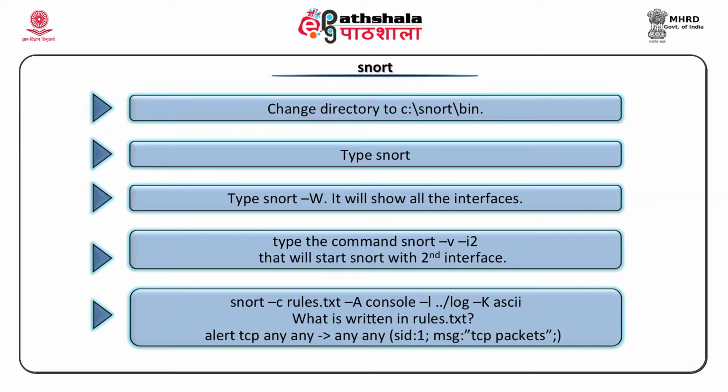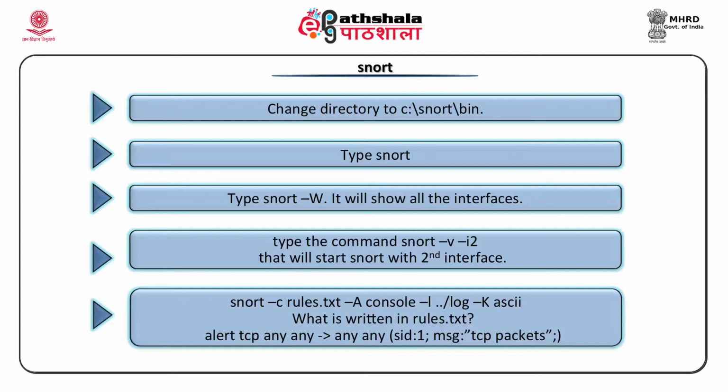Once you have got all the interfaces, you need to choose on which interface you want to start Snort. If you want to start Snort on the second interface, it is called -i2. Then type the command snort -v -i2, and it would start running in the packet dump mode.